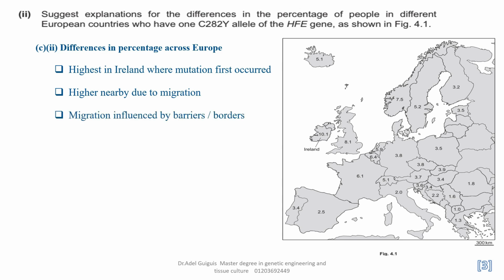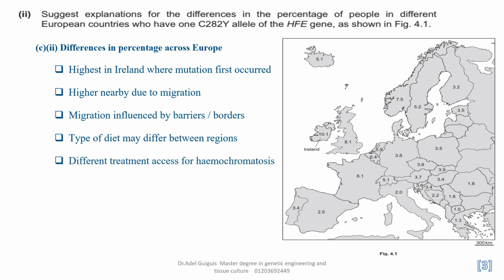Here migration is influenced by barriers, borders between countries. Type of diet may differ between regions. Maybe some countries differ from neighboring ones by their diets or food style. What about different treatment access for hemochromatosis? Some countries may provide treatment for hemochromatosis, so the percentage may differ from country to country.